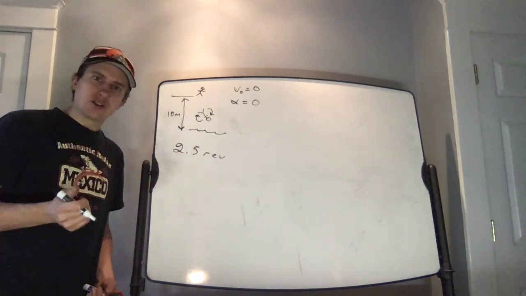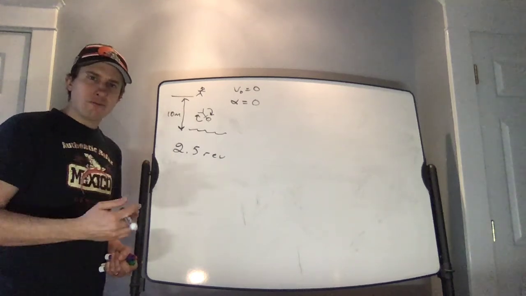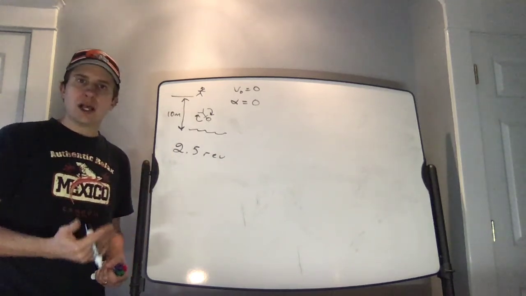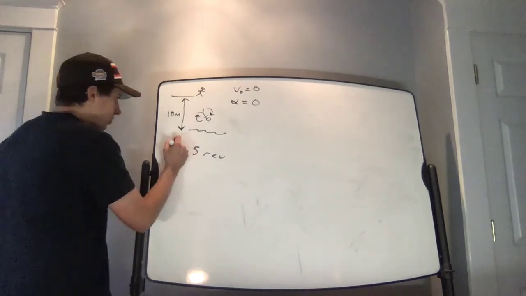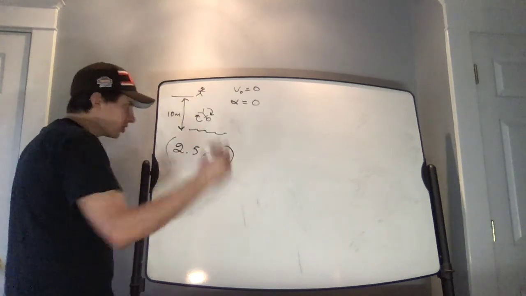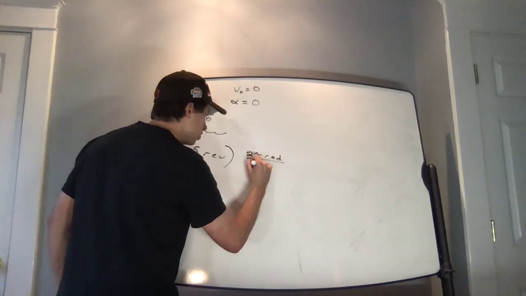So if I think about the relationship between revolutions and radians, 1 revolution is once around a circle, 2 pi radians is once around the circle. So I could multiply 2.5 revolutions times 2 pi radians per 1 revolution.